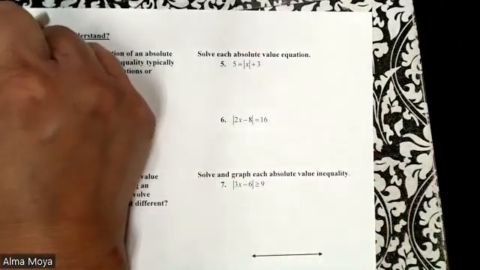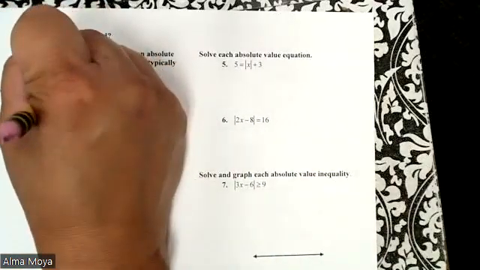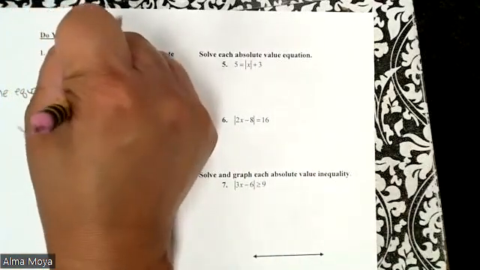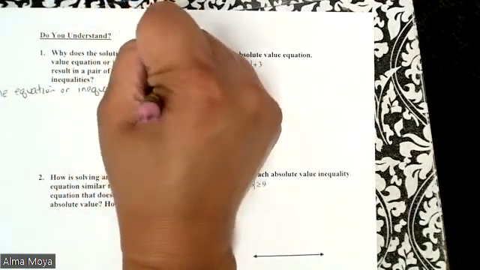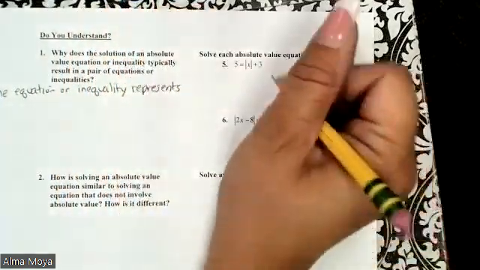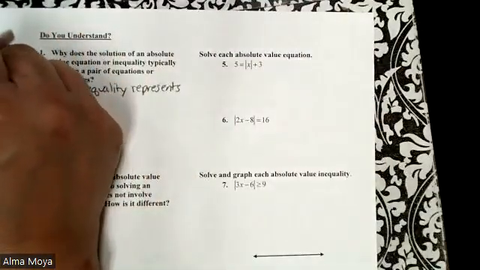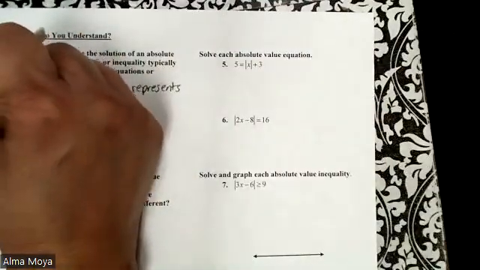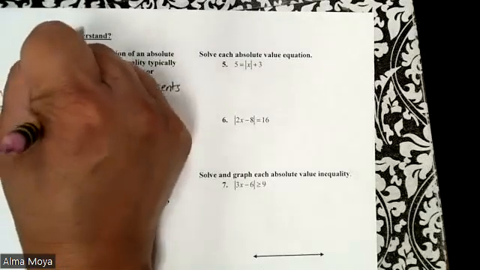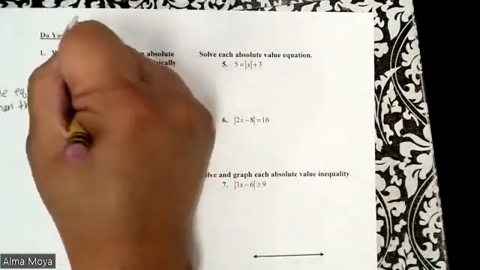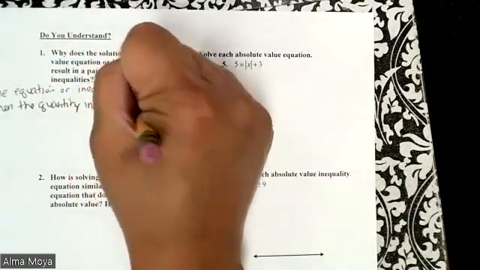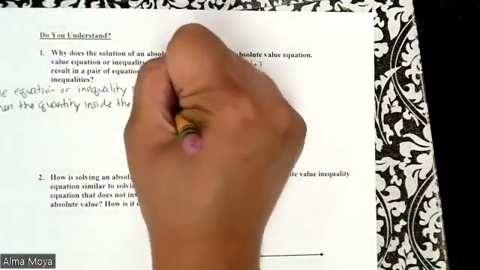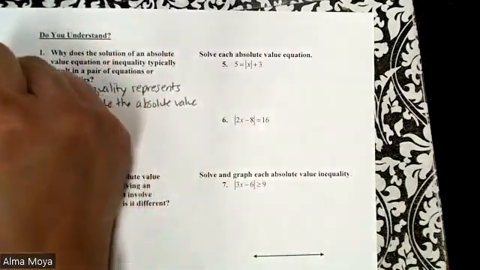One equation or inequality represents when the quantity inside the absolute value symbol is positive.